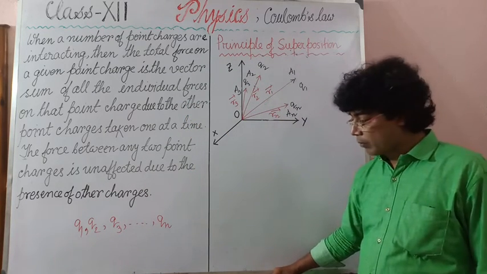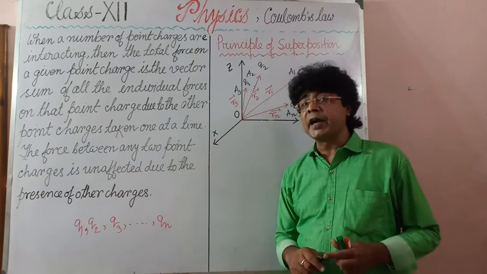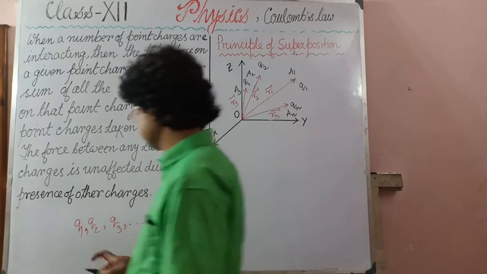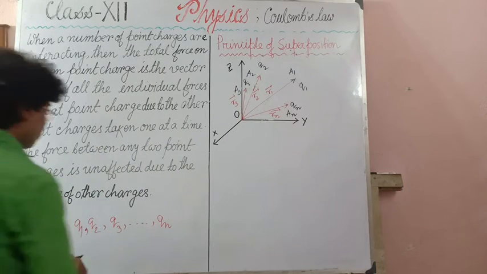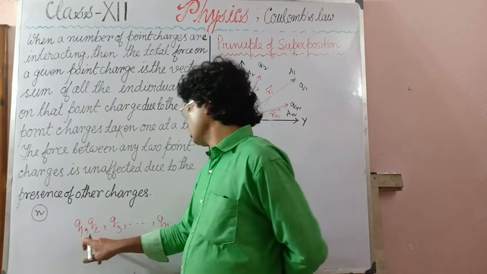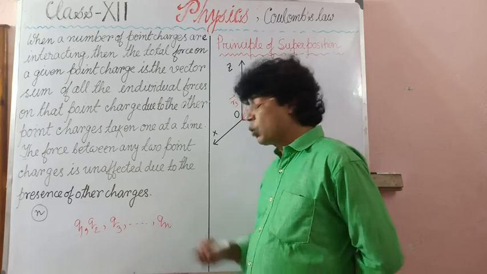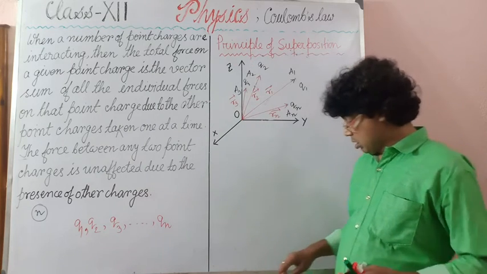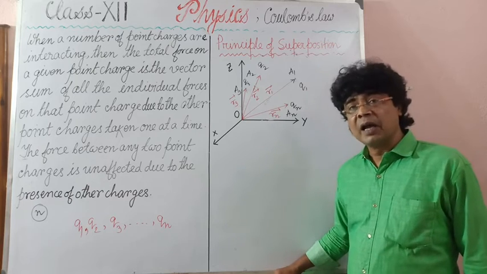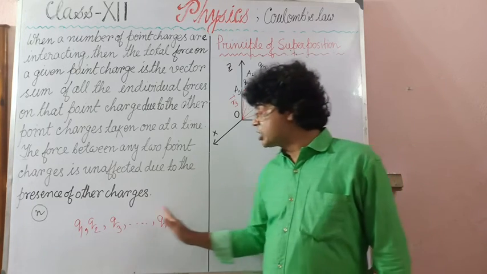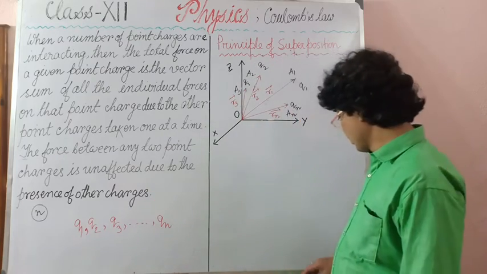Suppose a system of n point charges Q1, Q2, Q3 and so on till Qn, located in vacuum, and all the point charges are stationary.